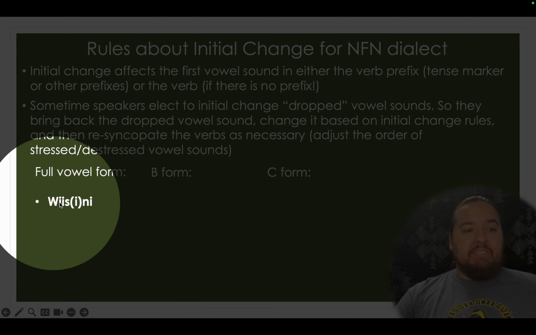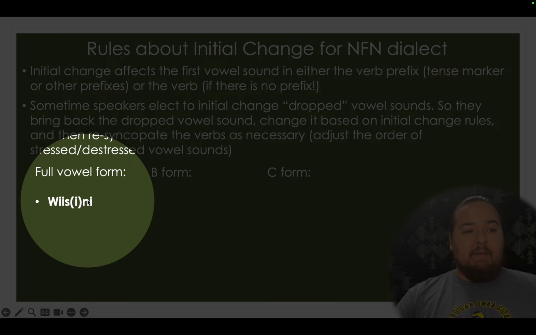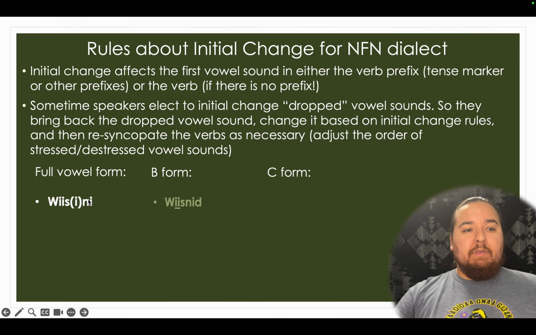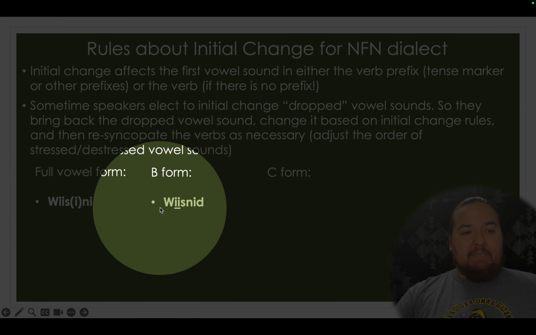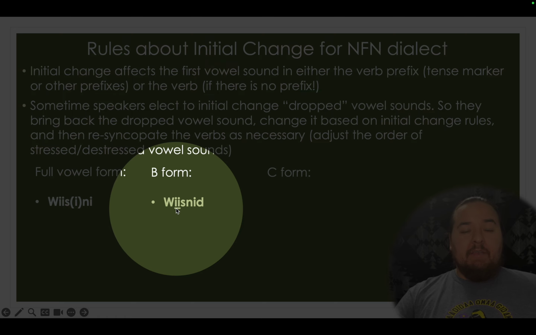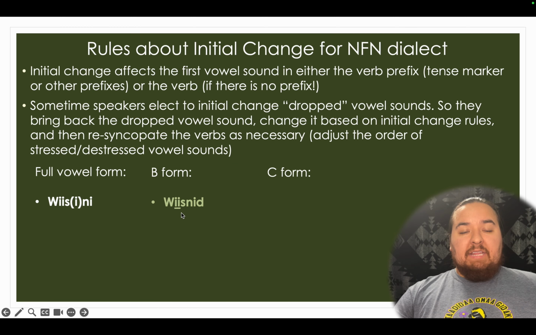The full version is wisne. And so we have wisnid for that D prefix for third person. So our double I is the sound we're changing. And from our last slide, double I changes to a double A. Wasnid, or you can use your hanging E prefix, ewisnid, and keep the vowel sound from before.